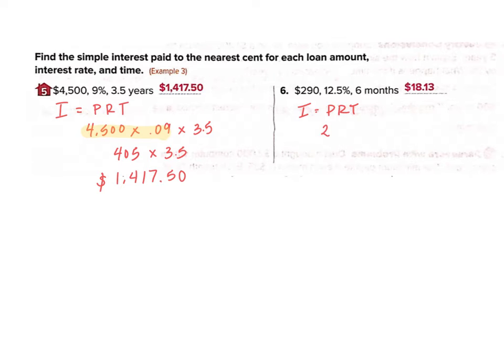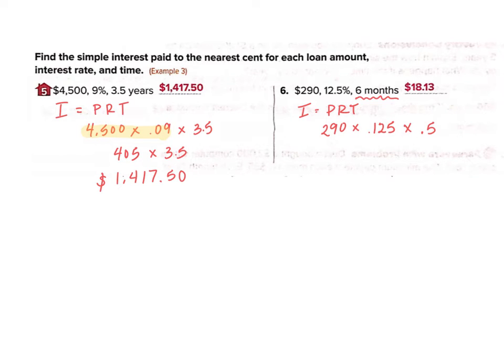For number 6, my equation is I equals PRT. My principal is $290 times the rate, which is my percent, which I'll write as 0.125. And remember, 6 months I can write as 0.5 because 6 months is half of a year, and my time is always written in years.